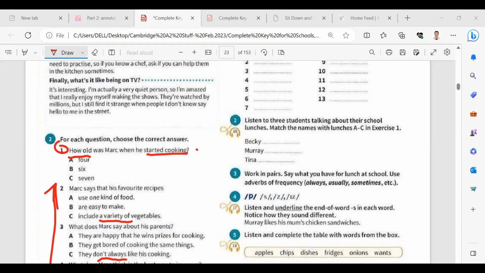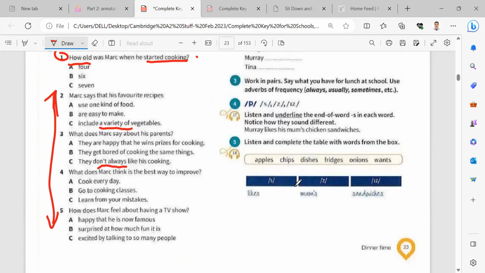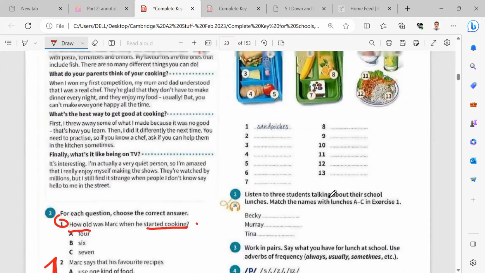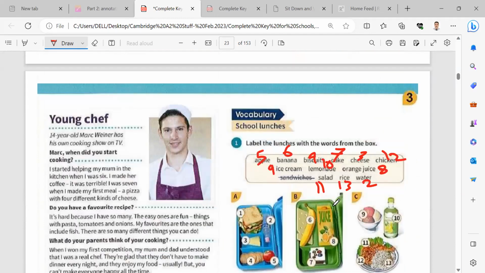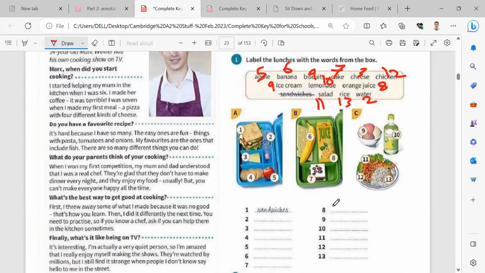Unit 3. Vocabulary. Exercise 2. Becky, what do you usually have for lunch at school? My mum makes my lunch every day. She always gives me sandwiches and fruit, usually a banana, and I have orange juice to drink. Sometimes she gives me cake. Murray, what about you? Does your mum or dad make your lunch? Yes, my mum does. I have sandwiches too.